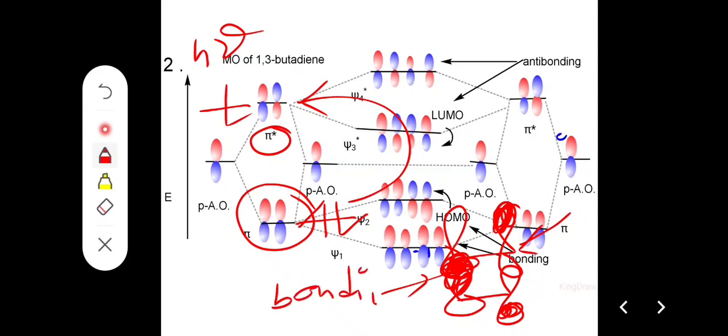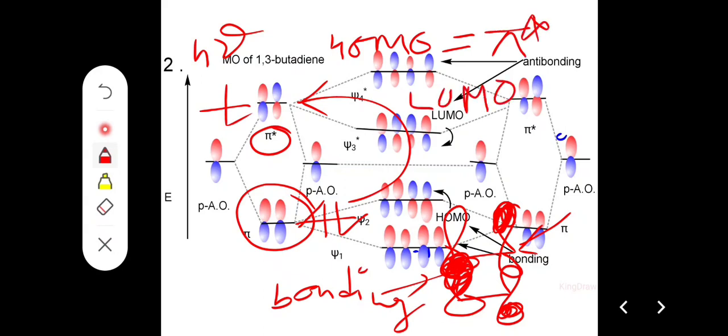After excitation, the HOMO is considered as pi star and the LUMO is also considered as pi star. The pi star overlap for ethylene is effective as their phases can be matched. So in both cases we get bonding interaction.